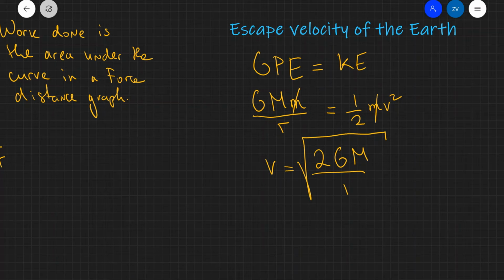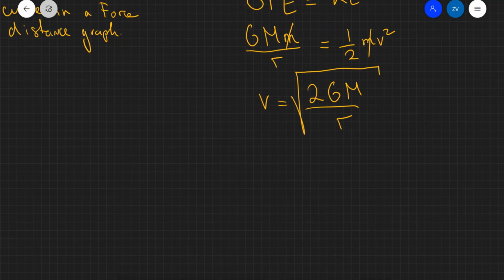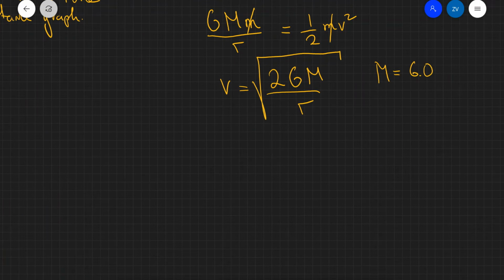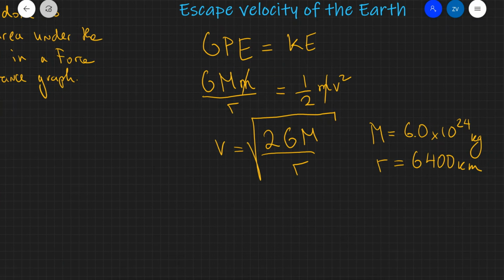Now for the Earth, the mass of the Earth, remember, is equal to 6.0 times 10 to the power of 24 kilograms. The radius of the Earth is equal to 6,400 kilometers. So we can plug those numbers in and find the escape velocity of the Earth.